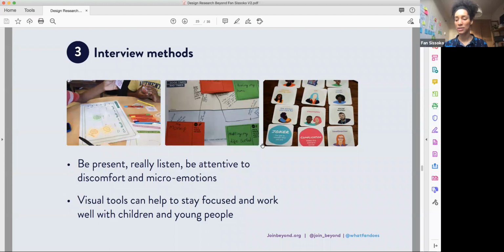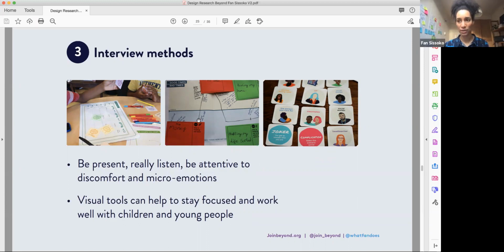And the conversation then became really rich and also really practical. So they were able to share the experience without really putting the attention of the group on them as an individual. So you can be quite creative with the tools that you bring into research.